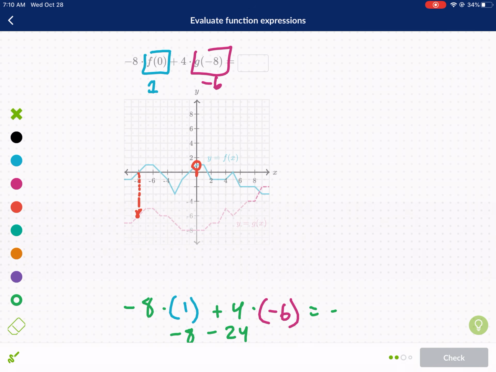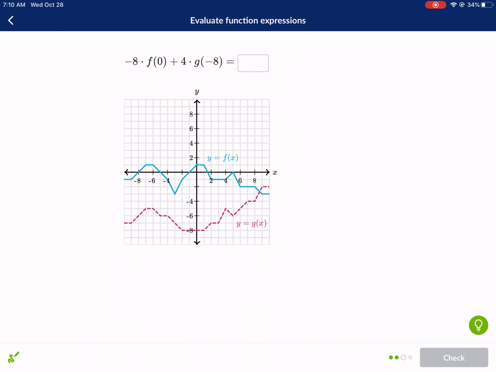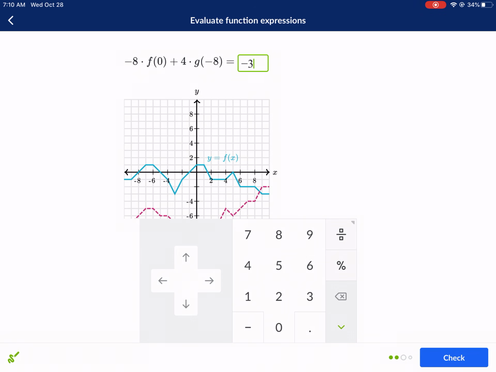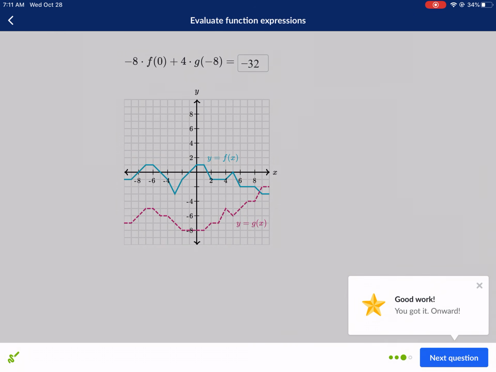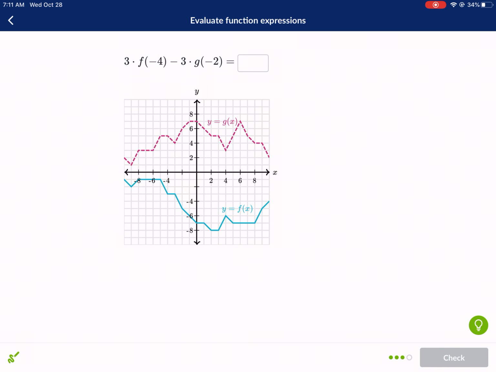And that is going to be negative 32 as our answer there. I'm just going to double check. So f of 0, we had 1, g of negative 8, negative 6. Okay, so it is negative 32. So we're going to write negative 32 here. I got a sinking feeling it's wrong, but it's right. What do you know?